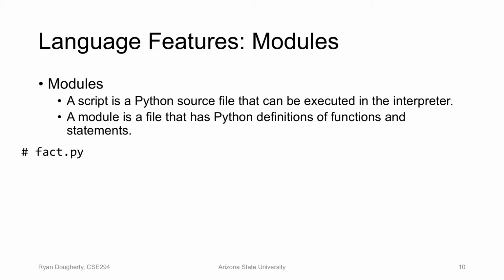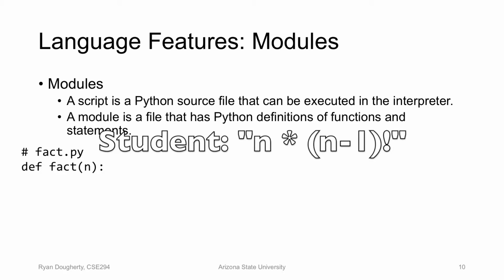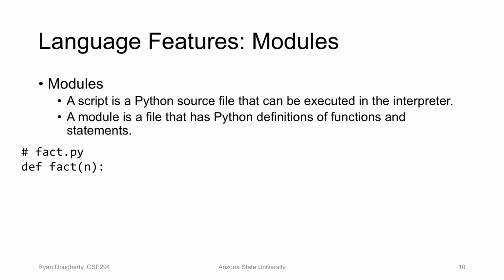Okay. So if we had a factorial Python file, we would have one method, factorial, which takes an integer n and returns the factorial of the number. So what's an easy way to find the factorial of a number? Yeah, n factorial is just n times (n minus 1) factorial, right? So we can return n times fact of n minus 1.